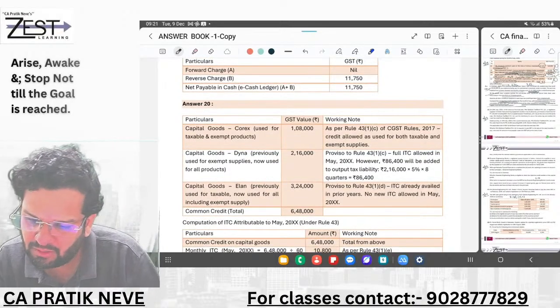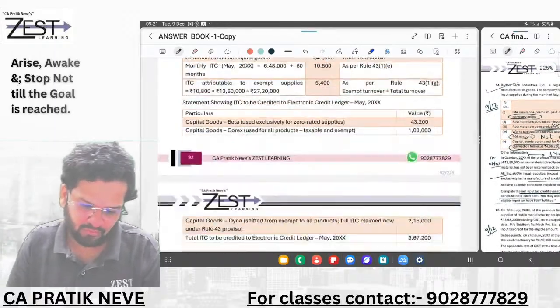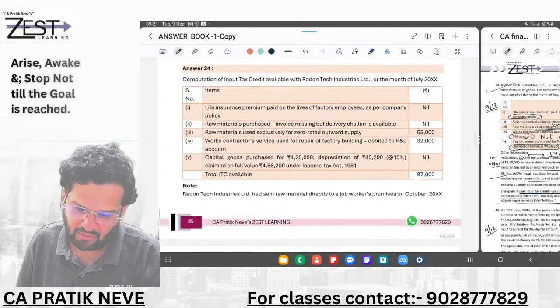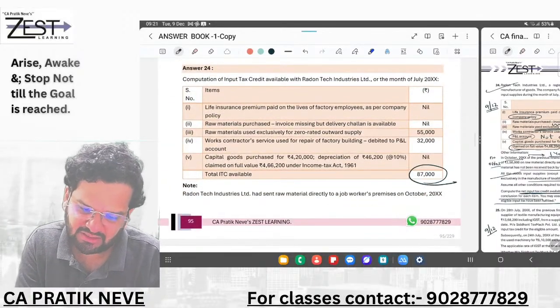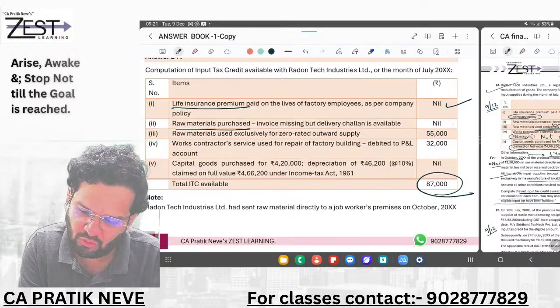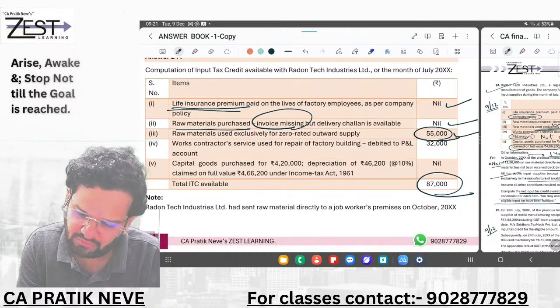This was our question number 24. See this, 87,000 is the answer. Life insurance premium nil. Raw material purchase with invoice missing, nil. Zero rated supplies allowed.